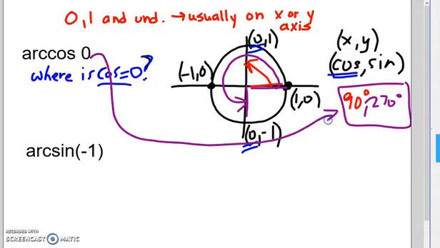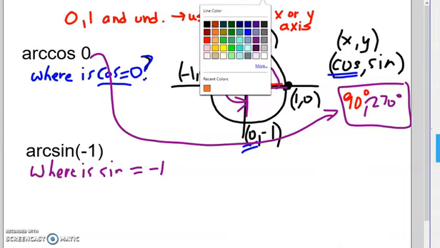Okay, so arc sine of -1. So where is sine -1? What angle gives us a sine of -1? We can go to this figure here. Maybe I can use a different color on it. Okay, let's use orange.